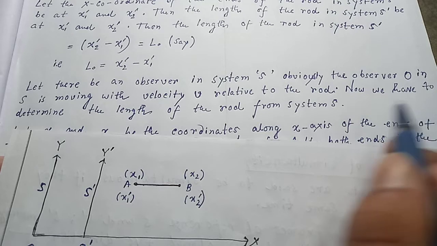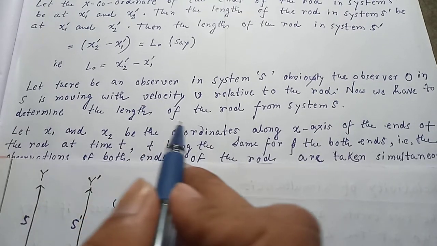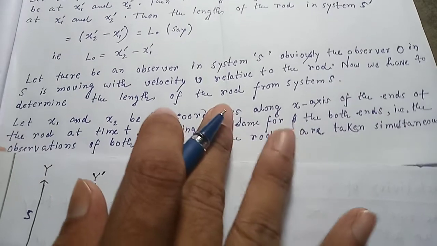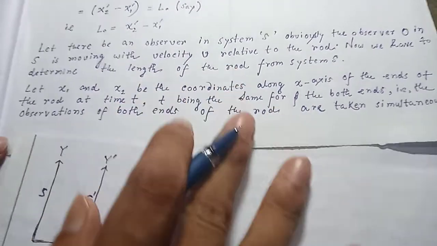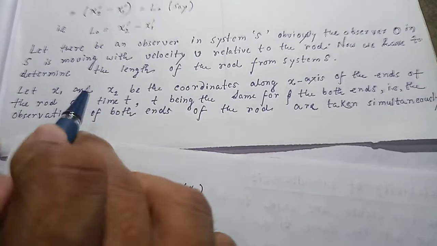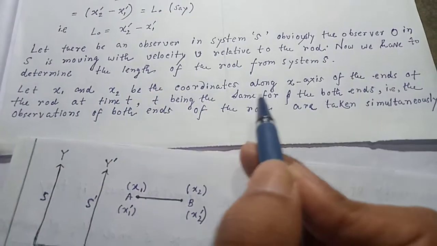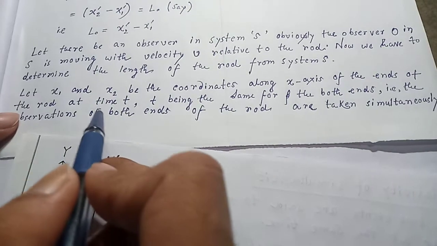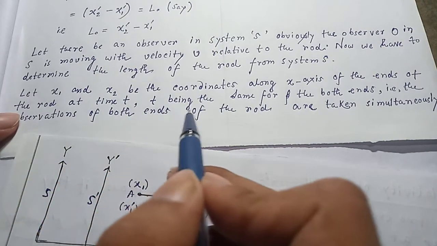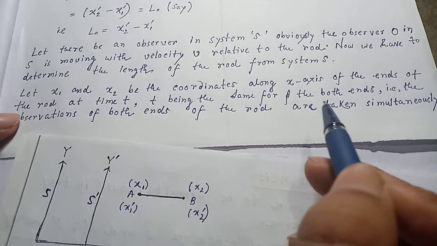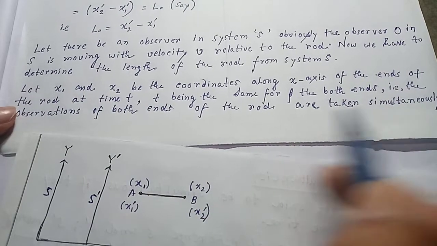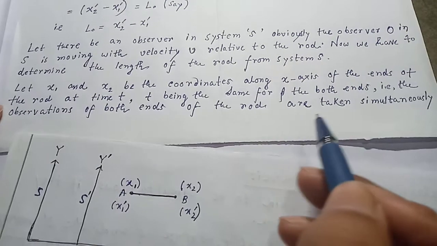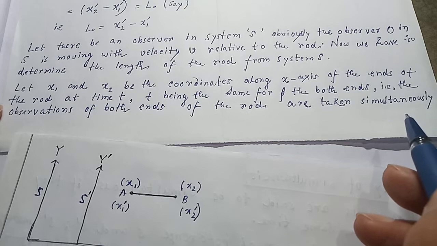Now we have to determine the length of the rod from system S. Let x1 and x2 be the coordinates along the x-axis of the ends of the rod at time t, t being the same for both ends. The observations of both ends of the rod are taken simultaneously.